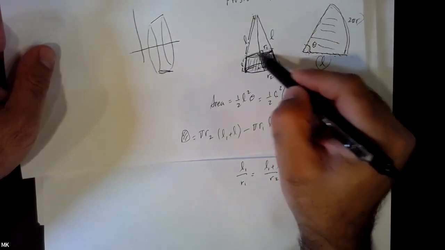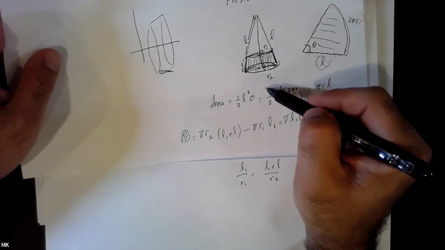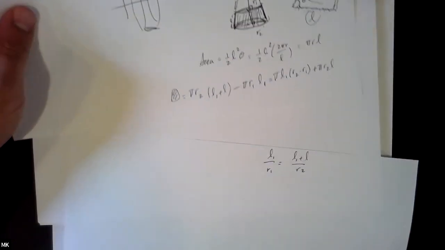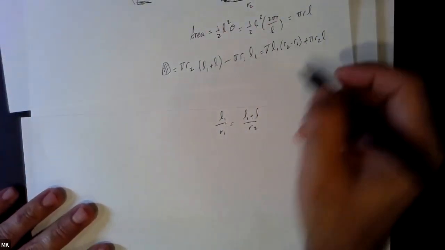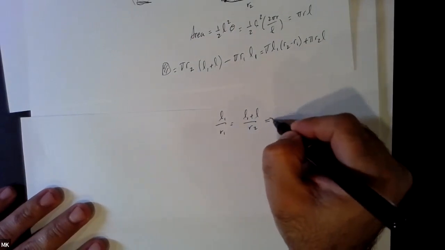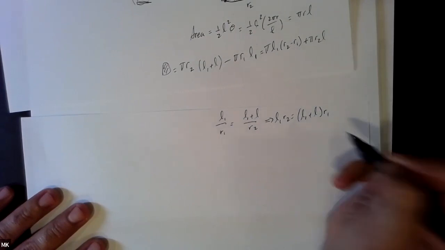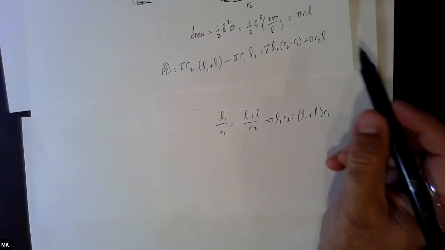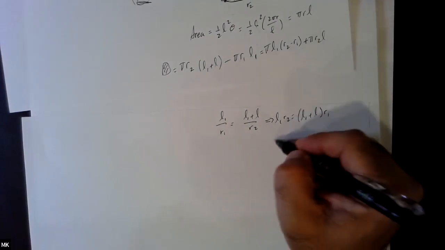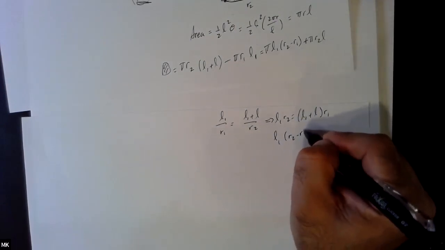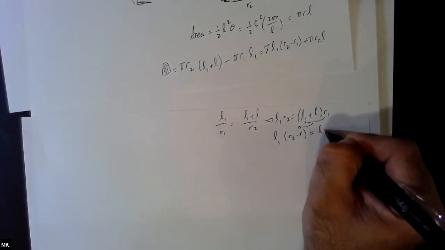If I look at these two similar triangles, that gives me a nice formula that says L1 R2 is (L1 plus L) R1. Now I want to create that R2 minus R1 situation. L1 (R2 minus R1), if I take this combination to the left, is equal to L R1.